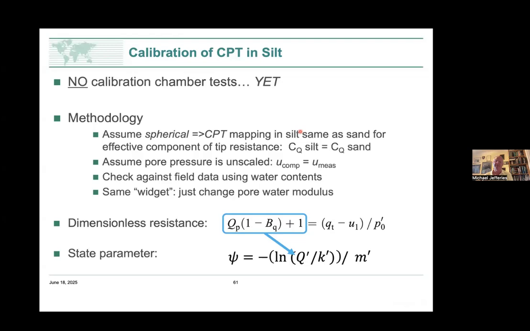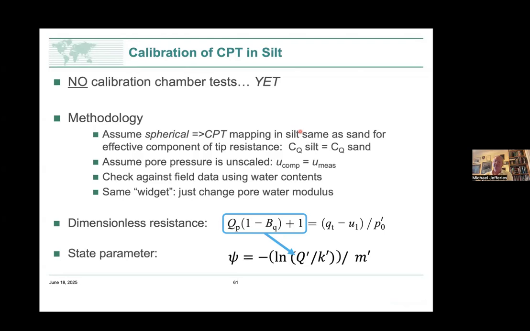So we said, okay, that's there. We did assume that the pore pressure is unscaled, because there's no extra stresses involved with pore pressure. Pore pressure is pore pressure. And you can check against field data using water contents, but that's not super precise. So I've got one nice case history.